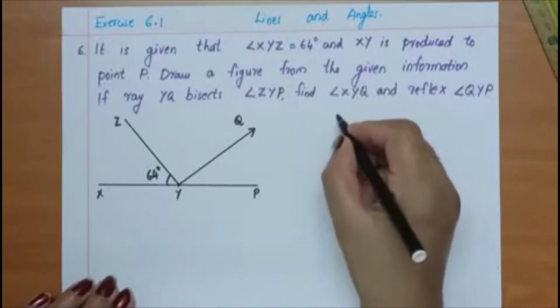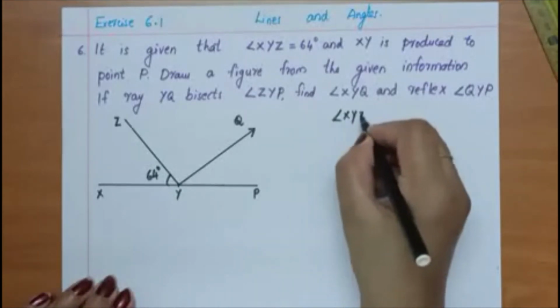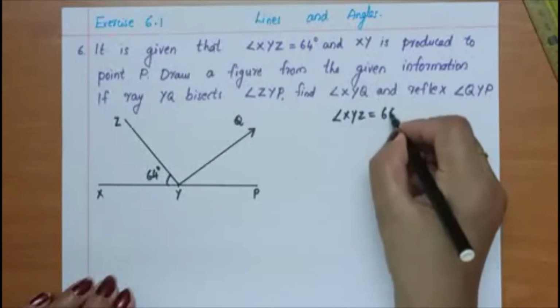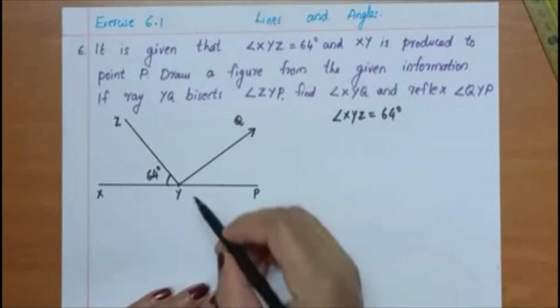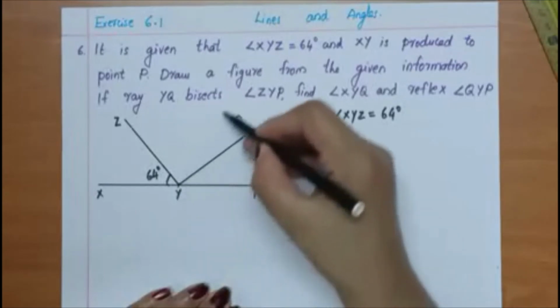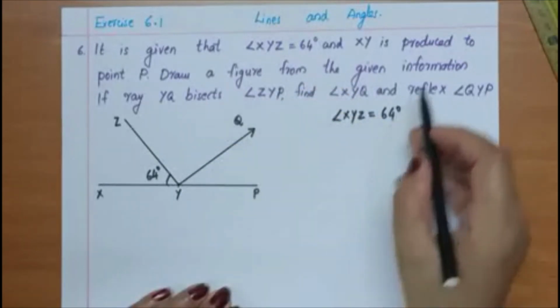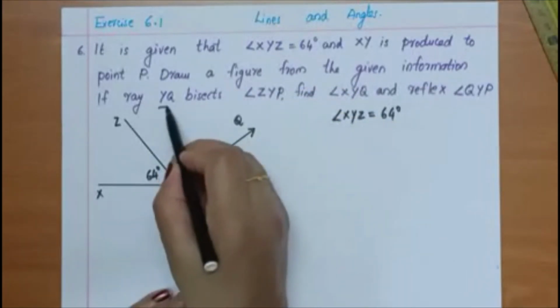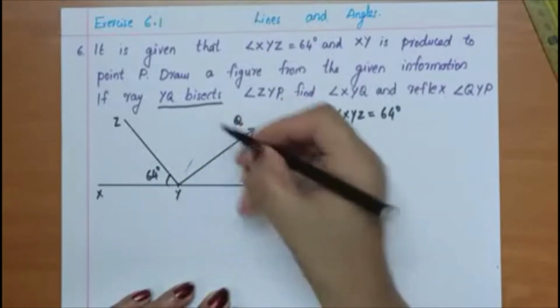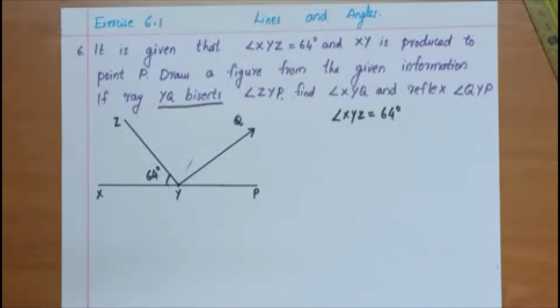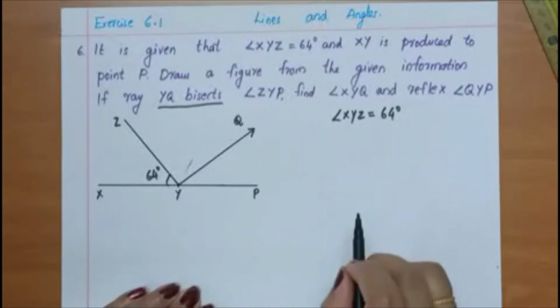Given that angle XYZ equals 64 degree, this YQ should be in the middle of Z and P, because it is given that YQ bisects. Okay, so we can draw a little more on this side.